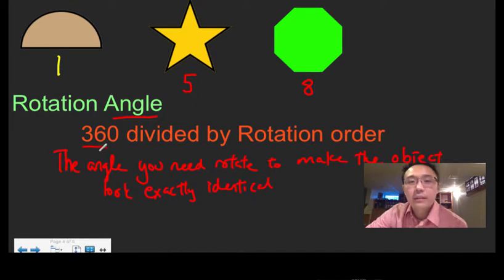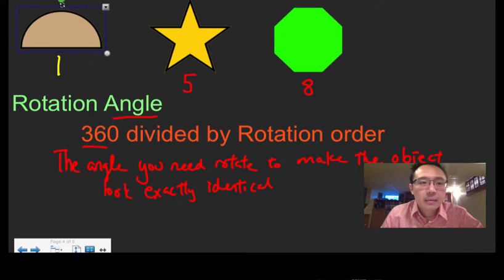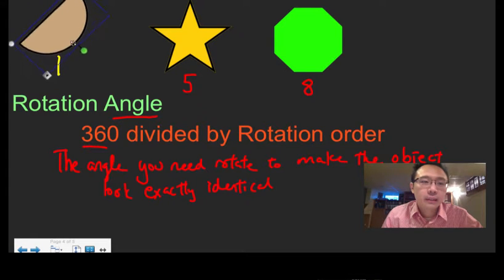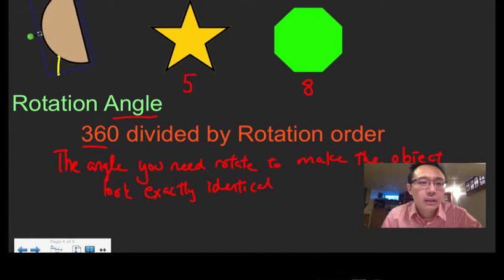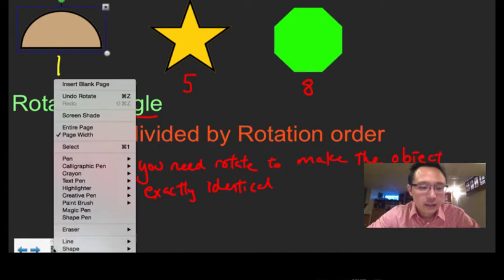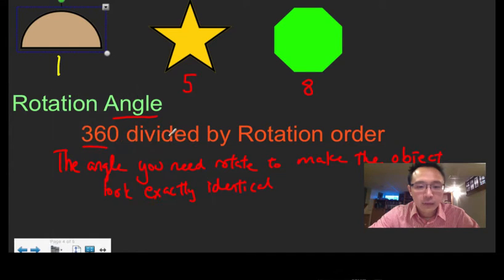An angle is going to be in degrees. How do you calculate this? What's the angle to rotate this semicircle to look like what you started off with? You can't rotate it 90 degrees, you can't rotate it 270 or 180, you have to rotate it 360. How you calculate this is there's a formula, written here.